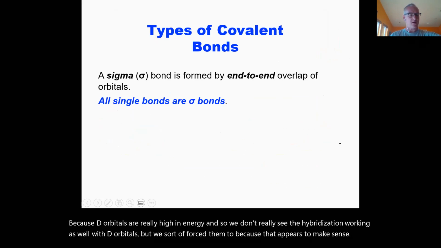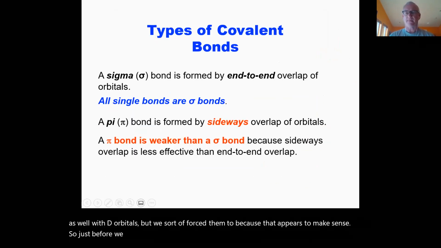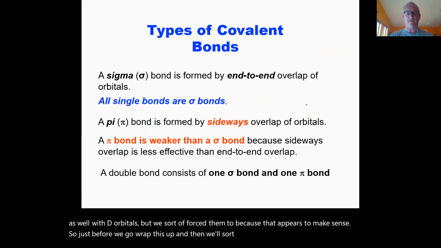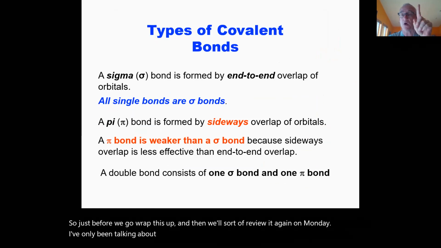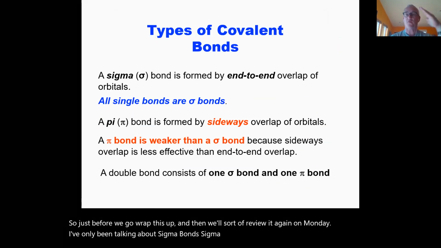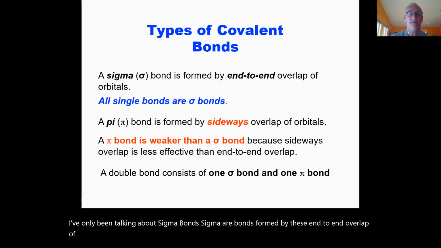So just before we go, let's wrap this up and then we'll review it again on Monday. I've only been talking about sigma bonds. Sigma bonds are bonds formed by the end-to-end overlap of orbitals. All single bonds are sigma bonds.